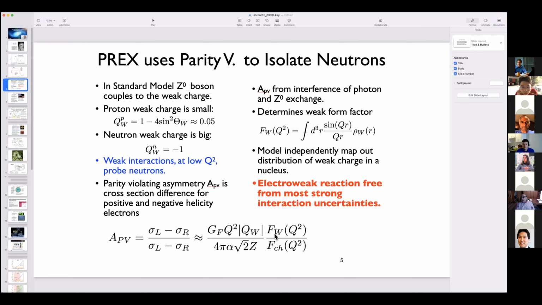So modulo those, we can directly deduce the weak form factor from the measured parity violating asymmetry. So experimentally, you can measure the weak form factor. To model the weak form factor, you need a density distribution and a current operator.